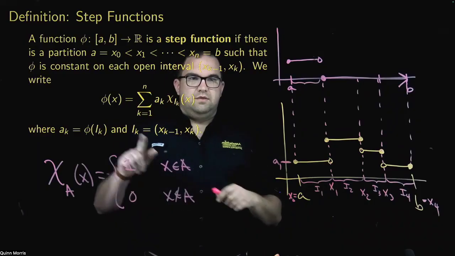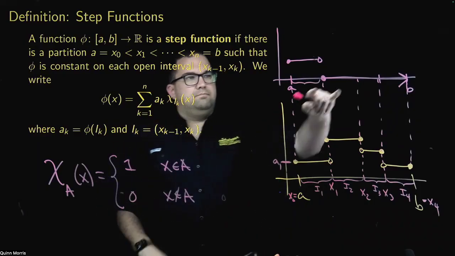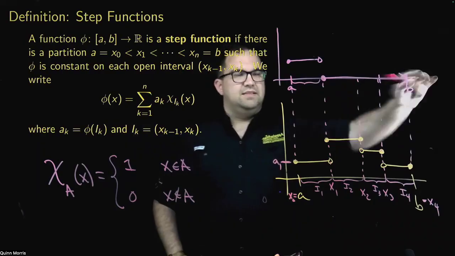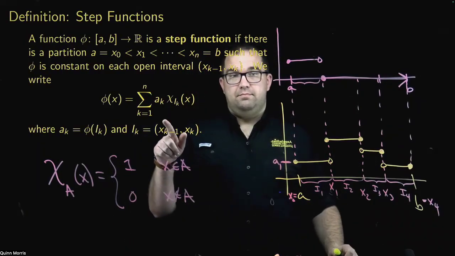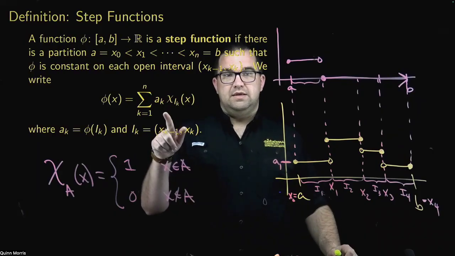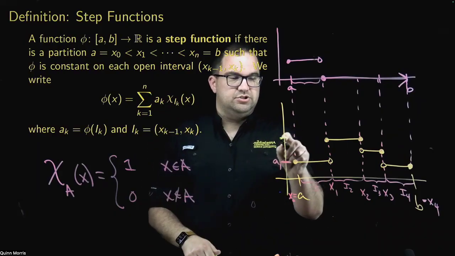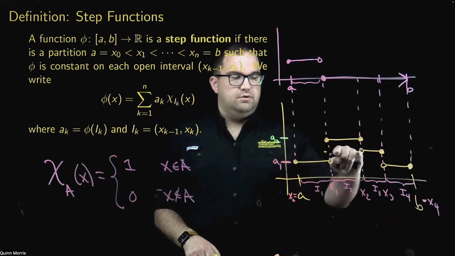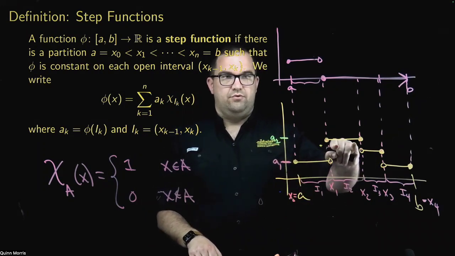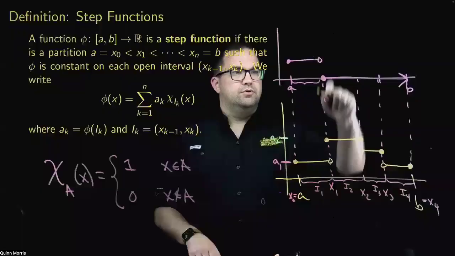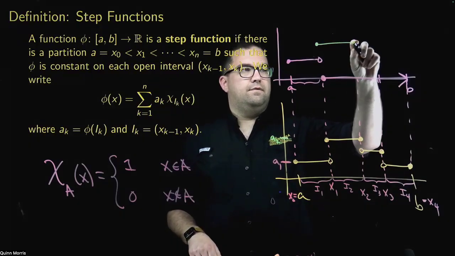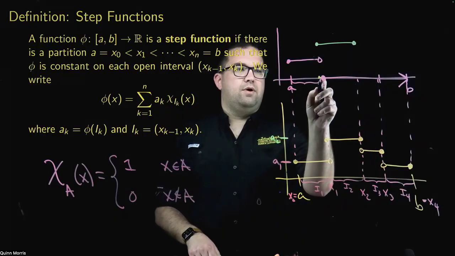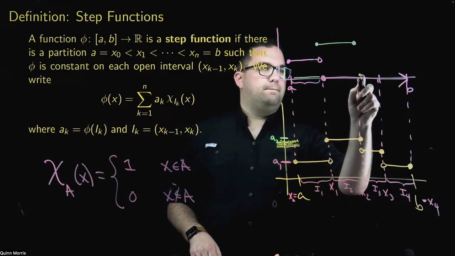So the first term in this sum is just this step and then 0 everywhere else. The second term in this sum is going to be A2, which is just the constant height on the second interval, times chi of I2. So all it's going to do is give you back the second step here, but everywhere else it's going to be 0.